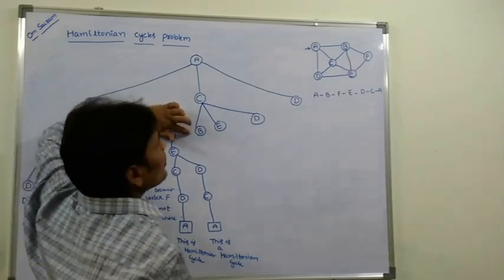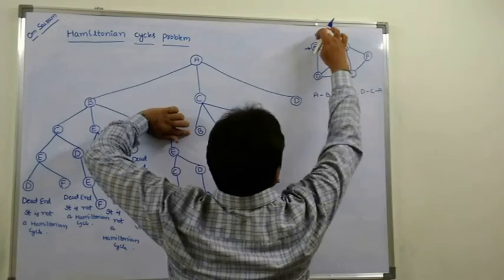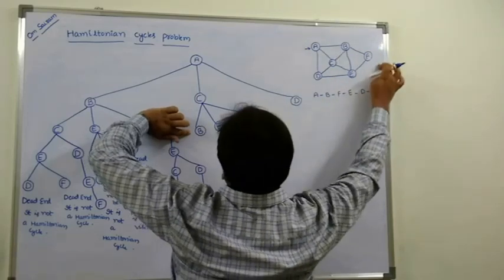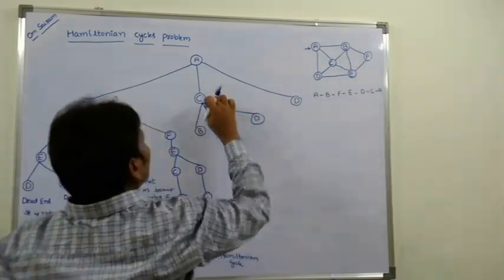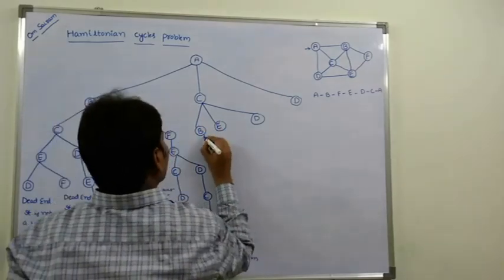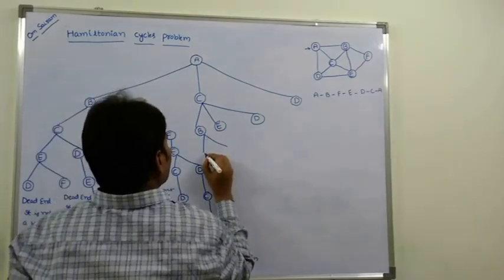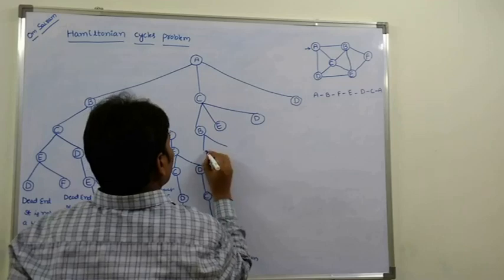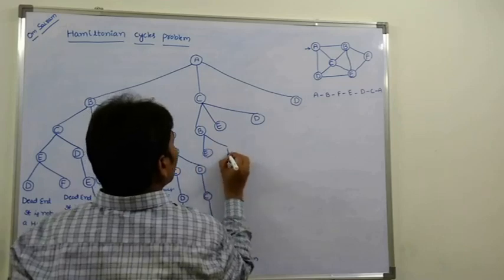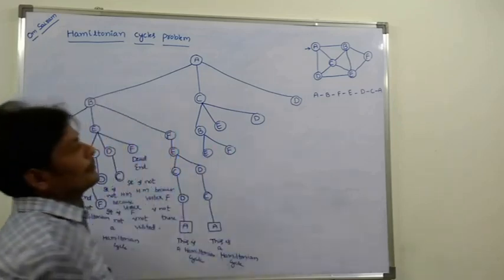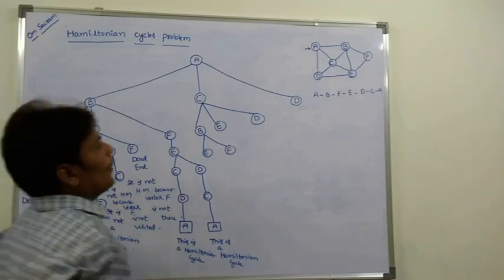What are the adjacent nodes for B? A, C, E, F. A and C are already completed, E and F are not visited.